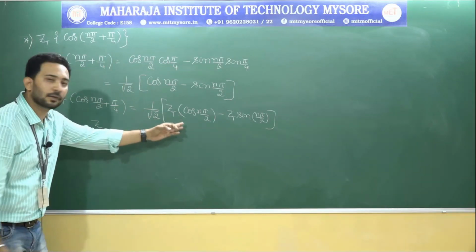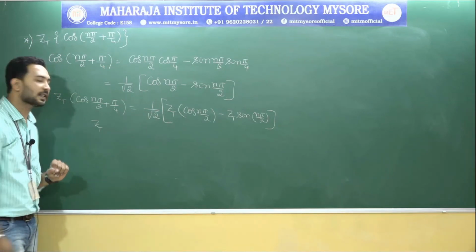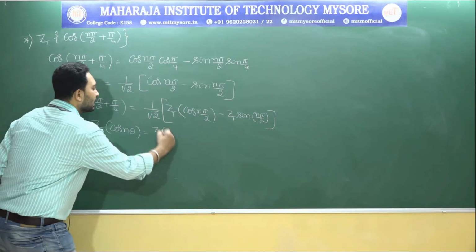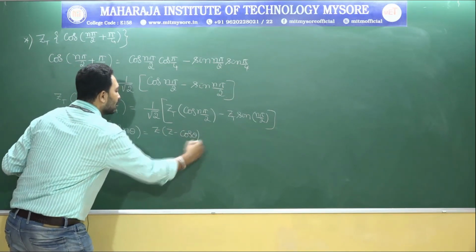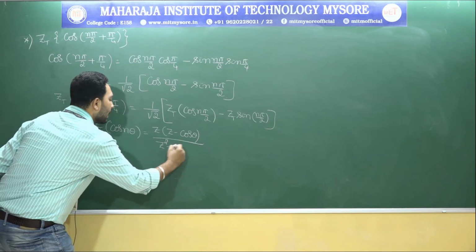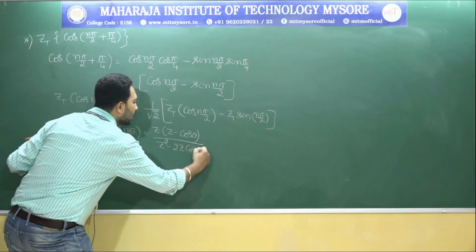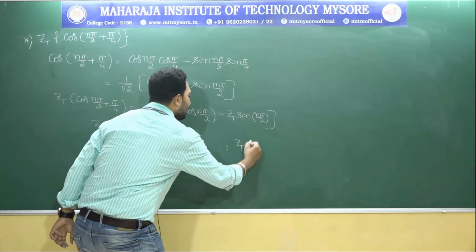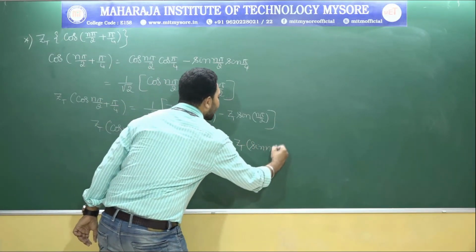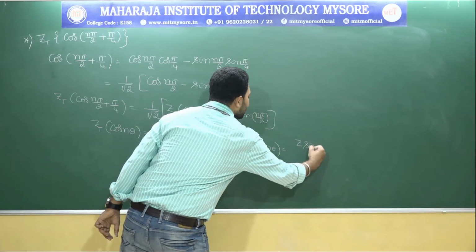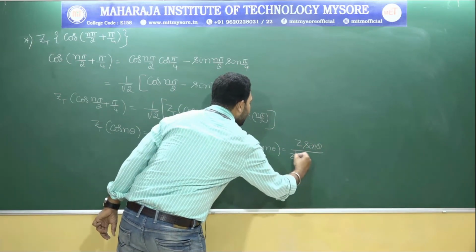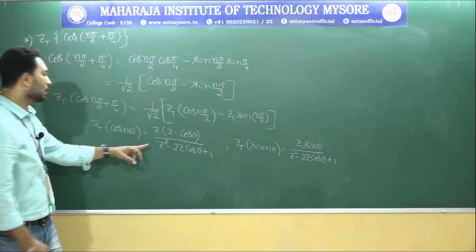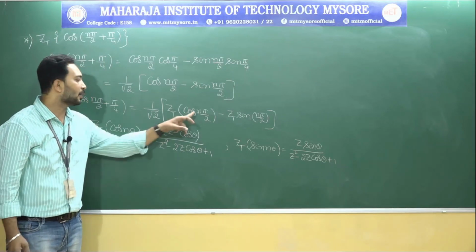Like the previous problem, first we write the z transformation of cos n theta, which is z into z minus cos theta divided by z square minus 2z cos theta plus 1. Similarly, the z transformation of sin n theta is z sin theta divided by z square minus 2z cos theta plus 1. So replace theta by pi by 2.